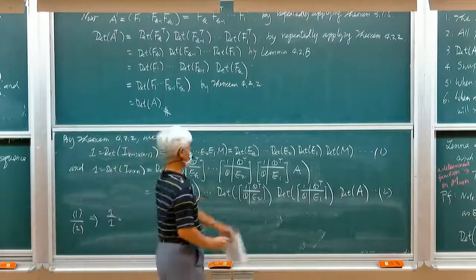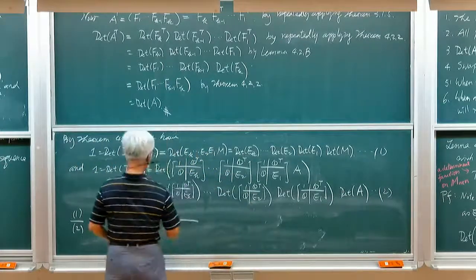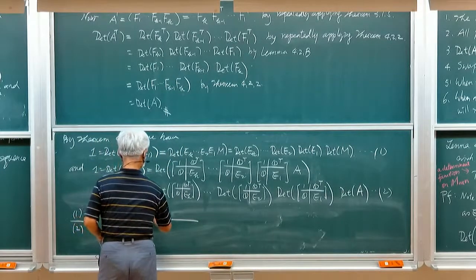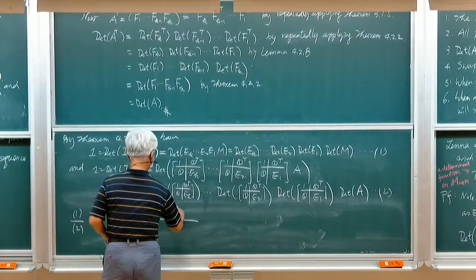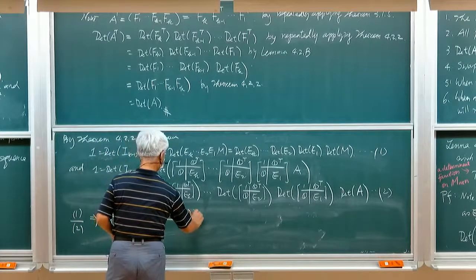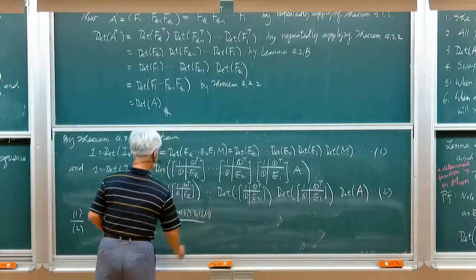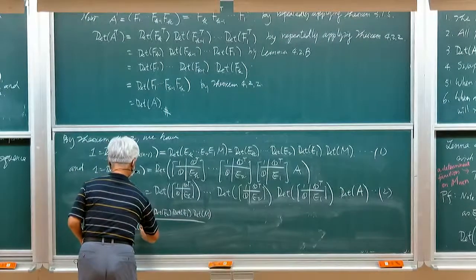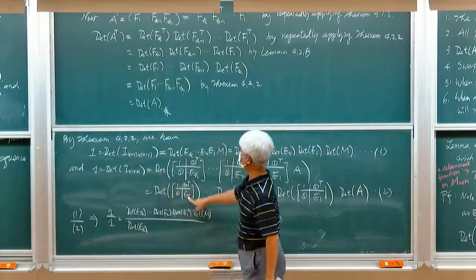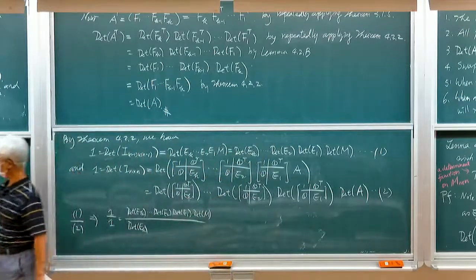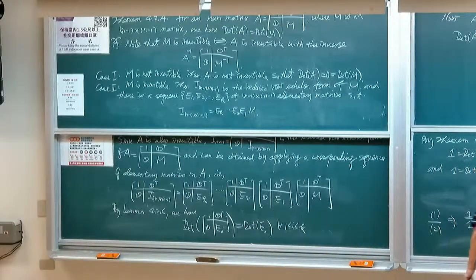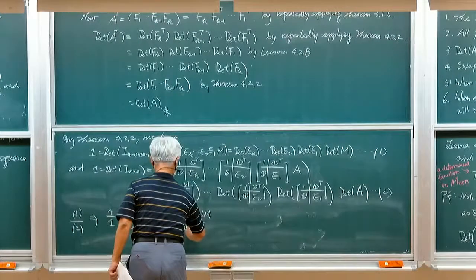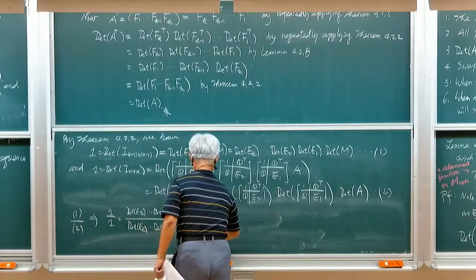But on the right-hand side we have the determinant of Ek, the determinant of E2, the determinant of E1, and the determinant of M. And the denominator is also the determinant of Ek, because this determinant is equal to the determinant of Ei. So this is Ek, the determinant of E2, and the determinant of A here.